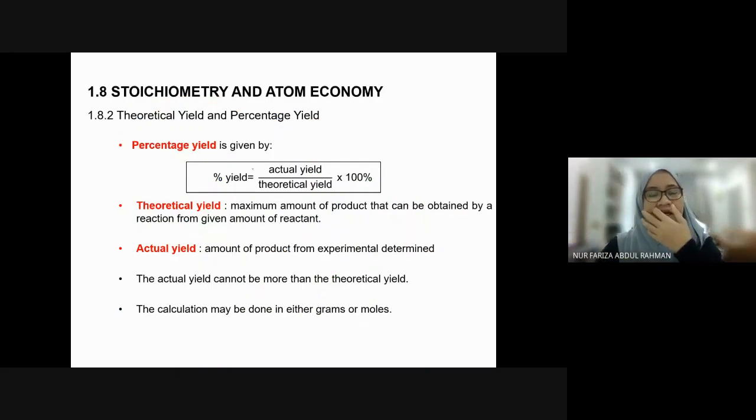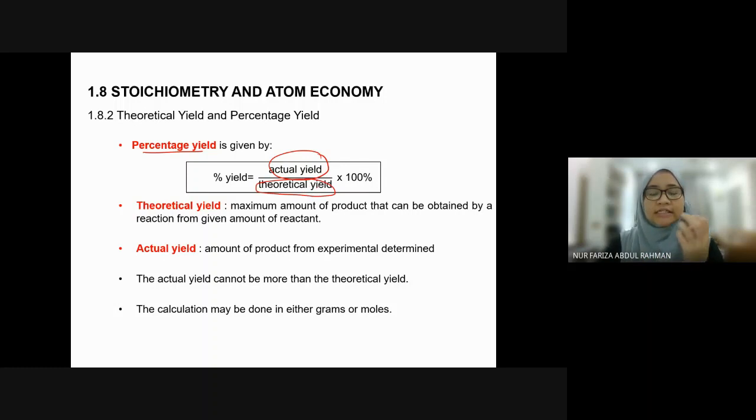So there are several terms that you should know. Percentage yield. What does it mean by percentage yield? Percentage yield means actual yield divided by theoretical yield. Actual yield is the one that we got from the experiment, over the theoretical yield.